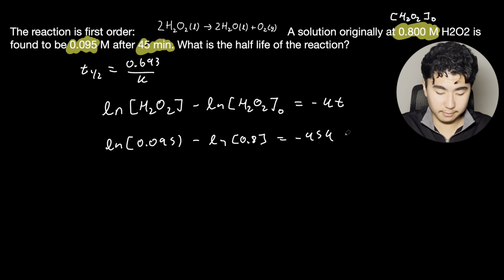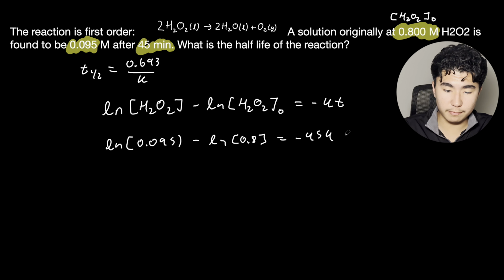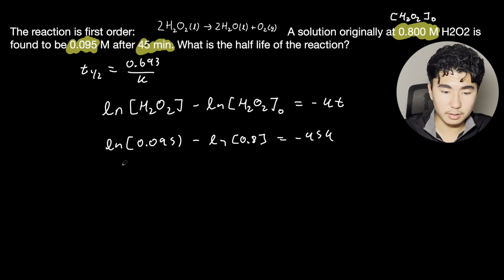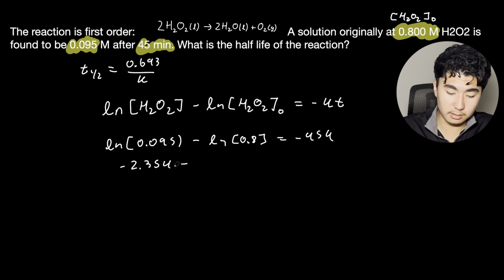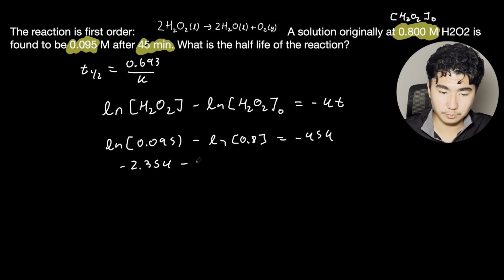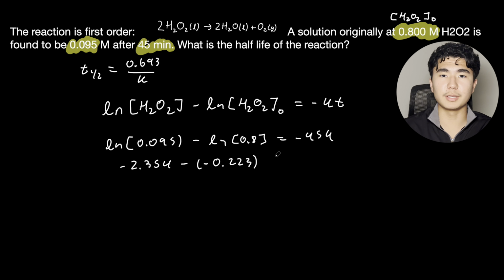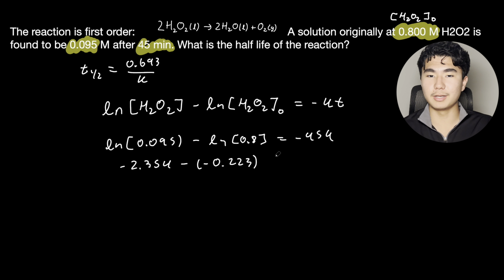So let's do this math. ln 0.095 is going to be negative 2.354. That's minus, and ln 0.8 is going to be negative 0.223. I'm just rounding for these, not writing all the numbers.